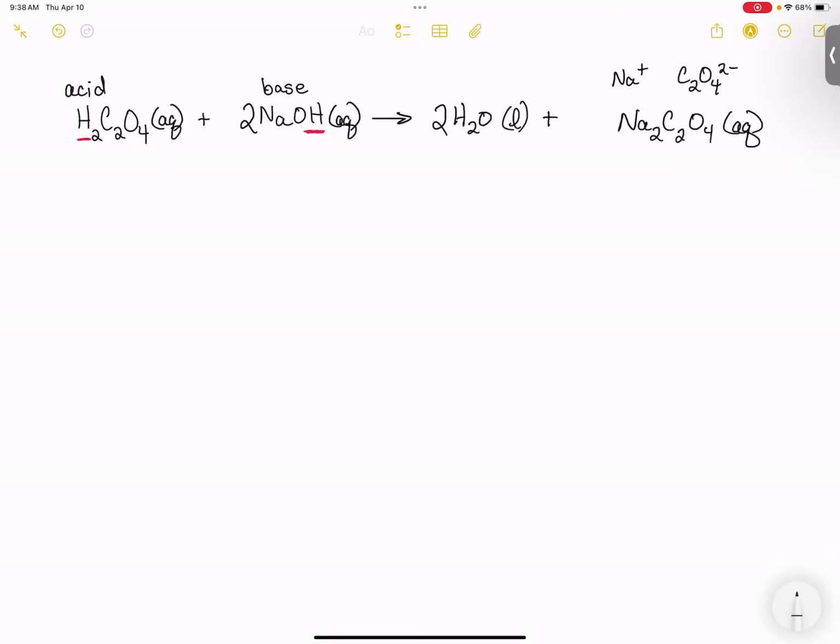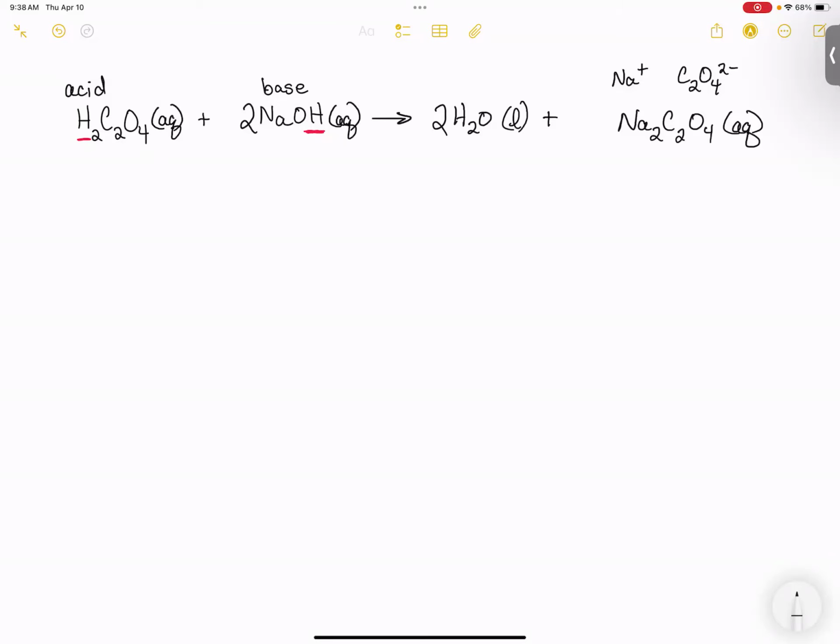You got to be able to determine what that salt is. Well, that salt is going to be the cation of the base to the correct charge, plus the anion of the acid to the correct charge, and then you determine the ionic compound's formula by making the compound charge neutral.